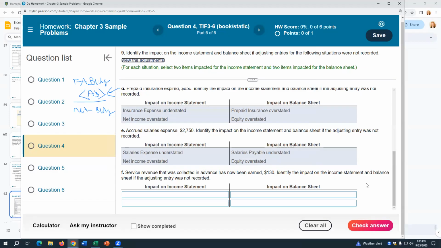Okay, so service revenue that was collected in advance has now been earned, $130. So we recorded this when they paid us $130. At that time, it would have been an unearned revenue because we didn't complete the earnings cycle. So we have this liability sitting out there for unearned revenue, and we did not adjust it. So unearned revenue is what? Overstated on the balance sheet.